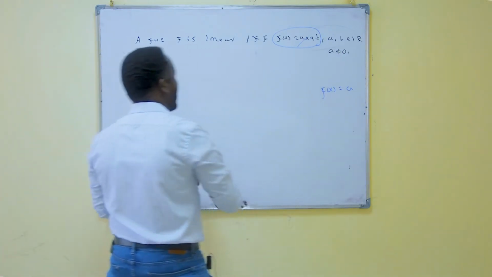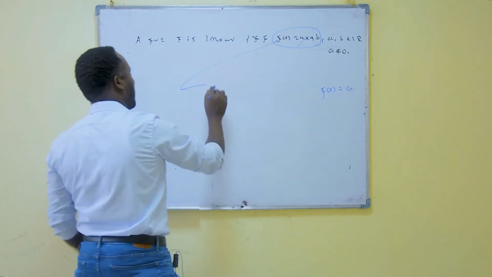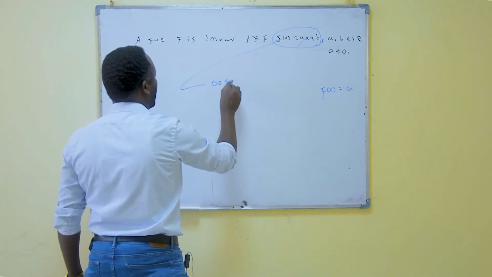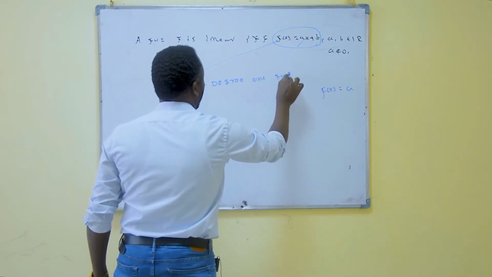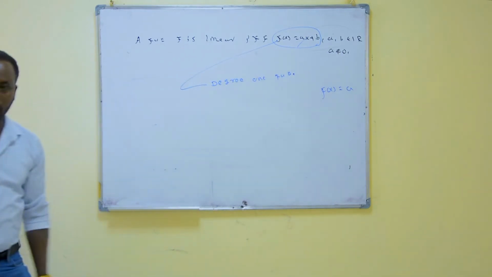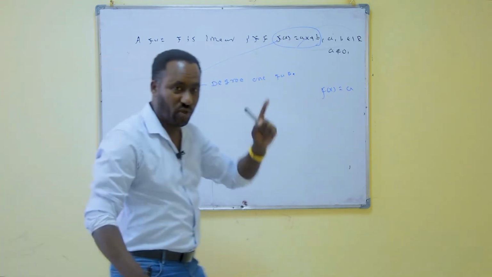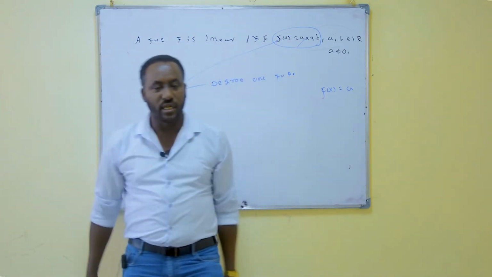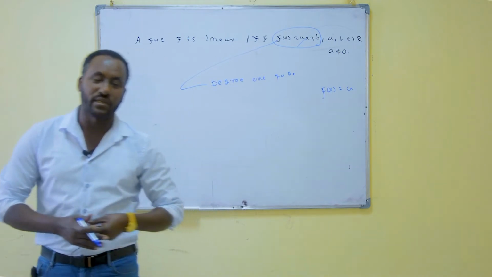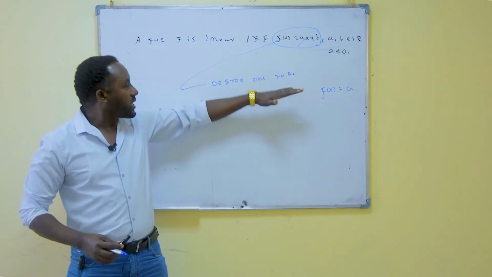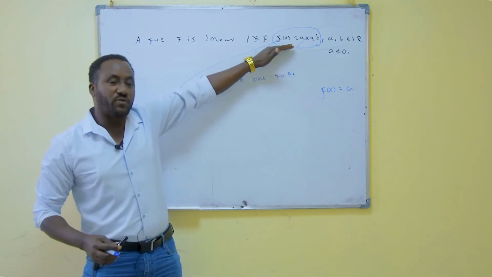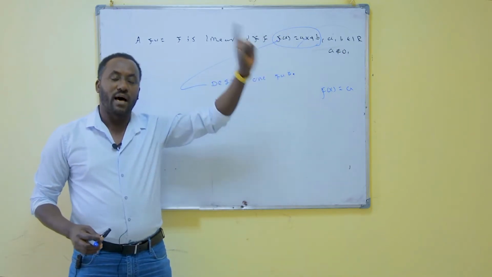Because of this, we call it degree 1; it is called a degree 1 function. Why is it called a degree 1 function? Is there anyone who can tell me why it is degree 1? It is degree 1 because the graph of this function crosses the x-axis at a point.